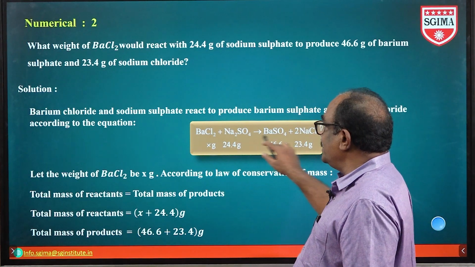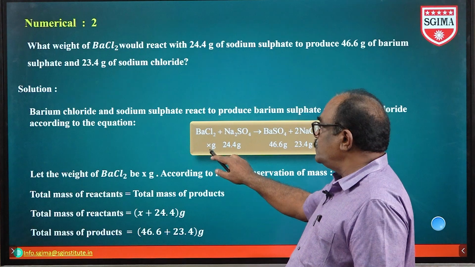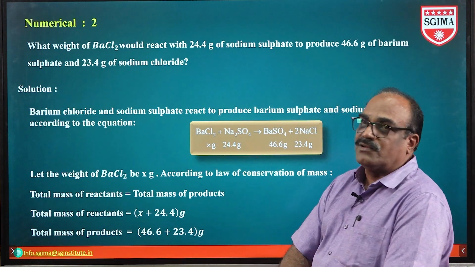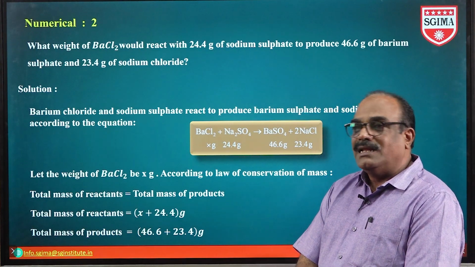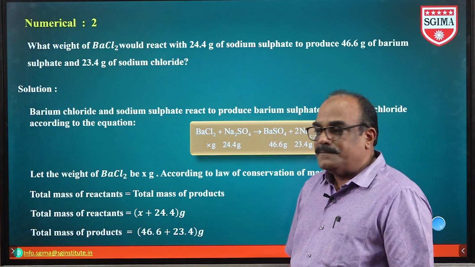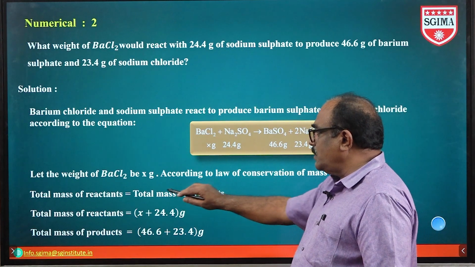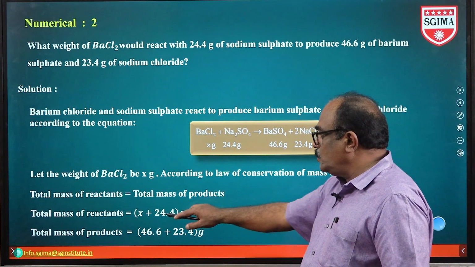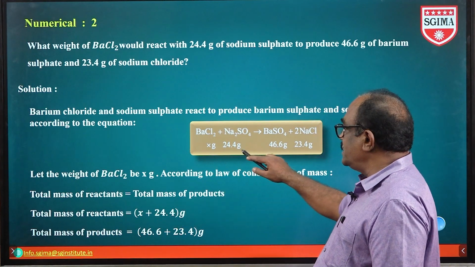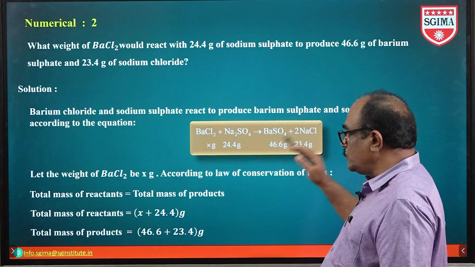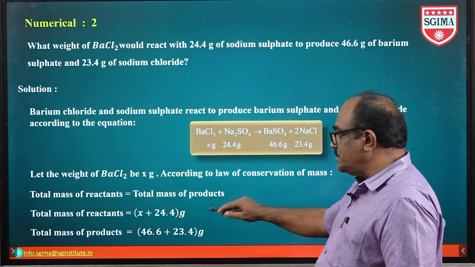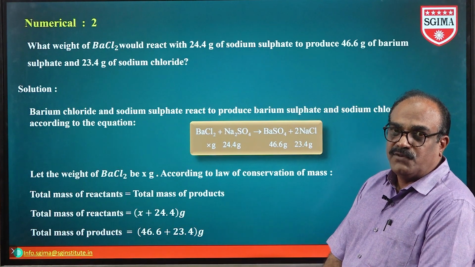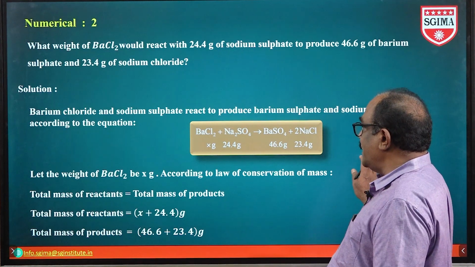Suppose that x grams of barium chloride is taken in the reaction. Like the earlier case, the total mass of the reactants will be equal to the total mass of the products. The total mass of the reactants will be x plus 24.4 and the total mass of the products will be 46.6 plus 23.4.